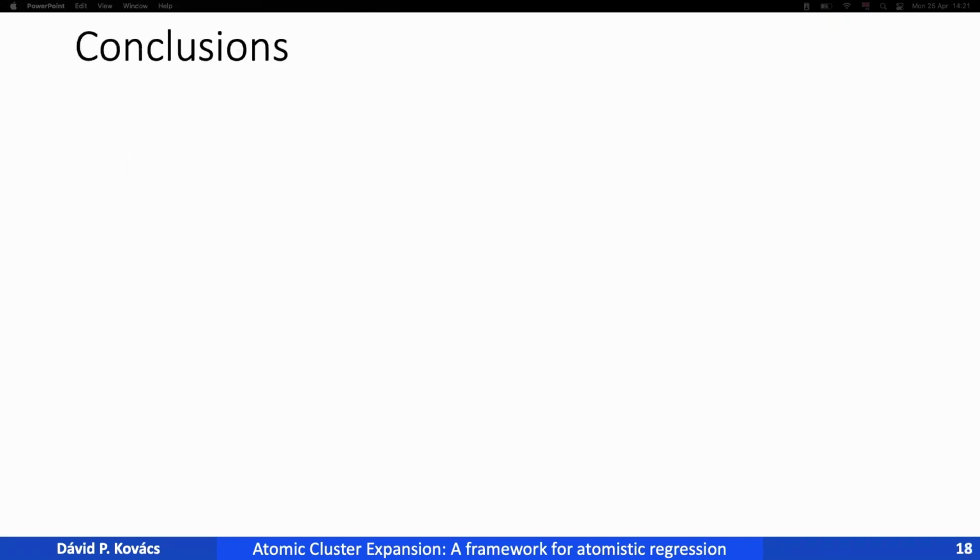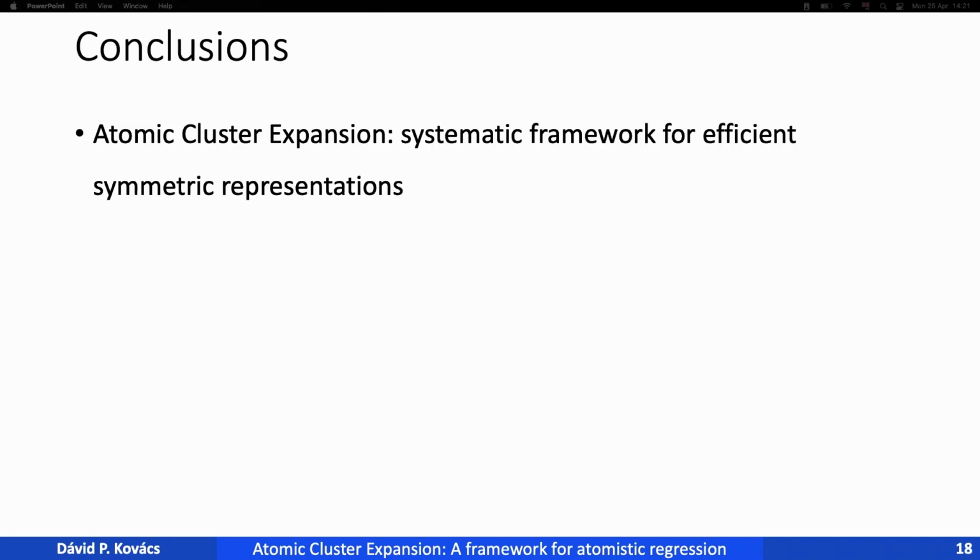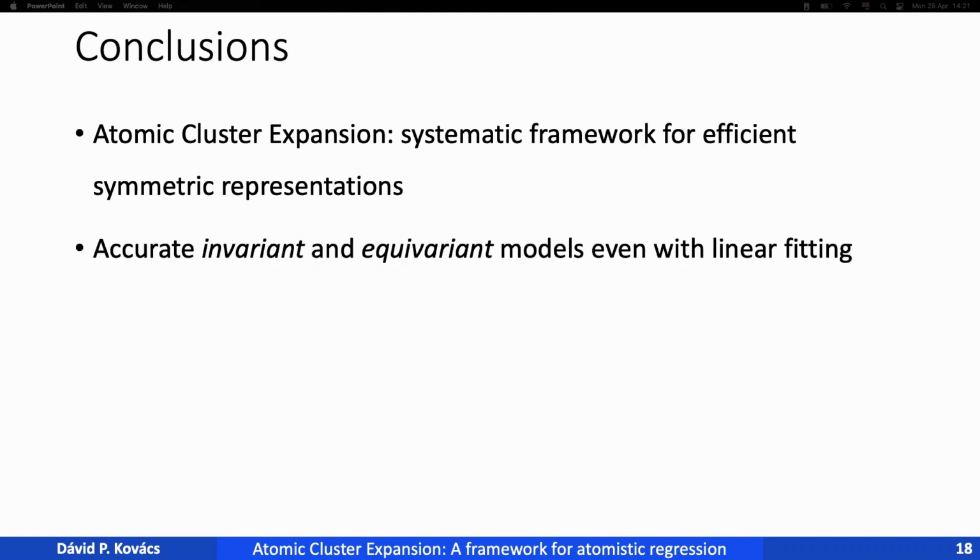Okay, so with that, I'd like to conclude. I hope to have shown you that you can use this atomic cluster expansion as a very systematic framework to create efficient symmetric polynomial representations of atomic environments. We can create accurate, equivariant and invariant models, even with linear fitting.